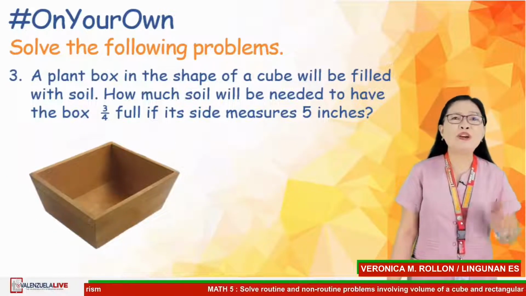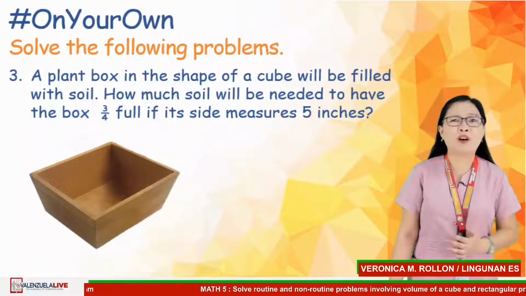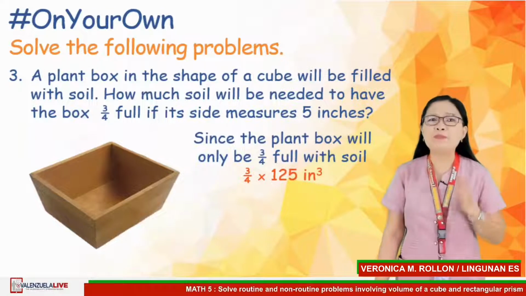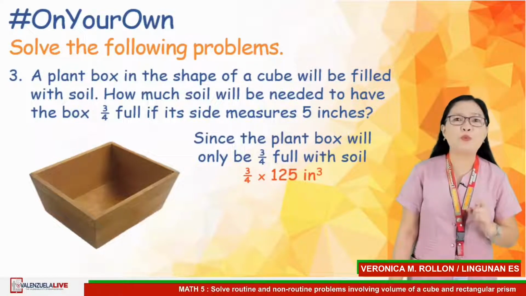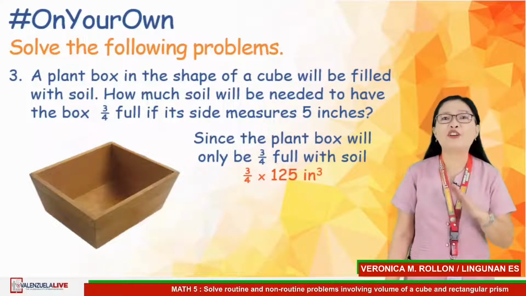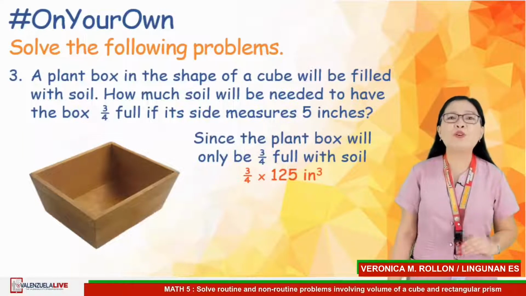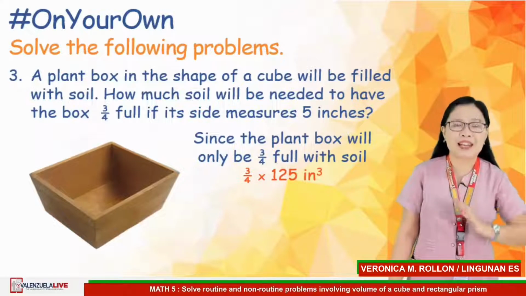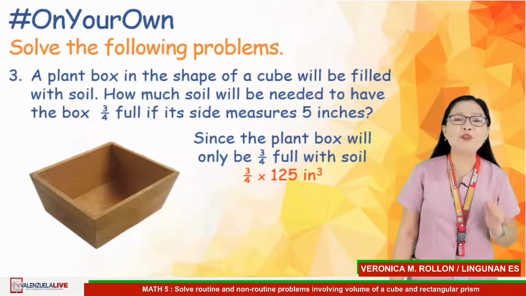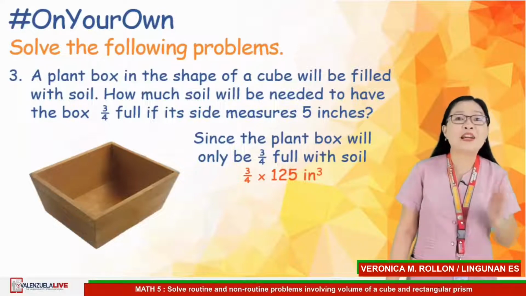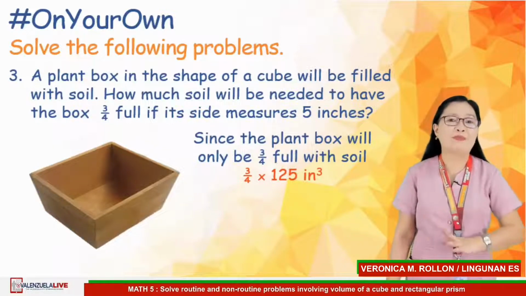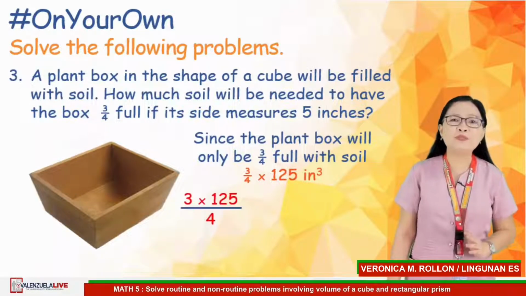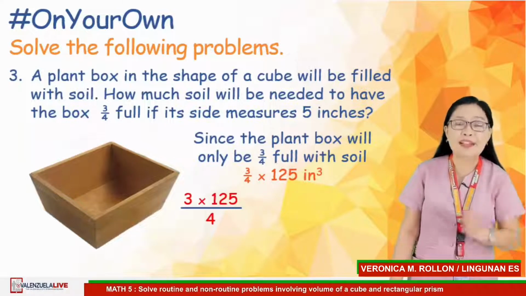So that is the volume of the box. Now, since we're going to find out how much soil will be needed, and the plant box will only be 3/4 full of soil, you have to find 3/4 times 125 cubic inches. So you have to multiply it. 3/4 times 125 is 3 times 125 divided by 4.